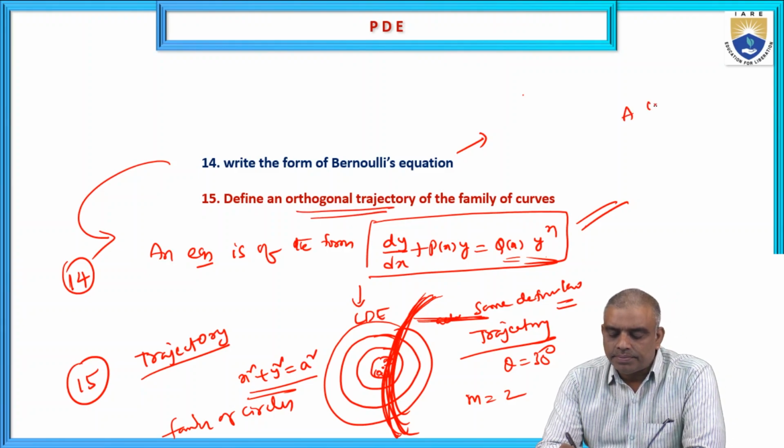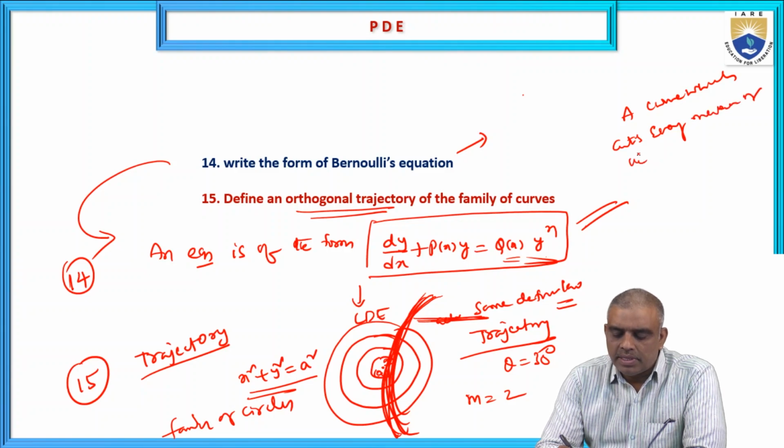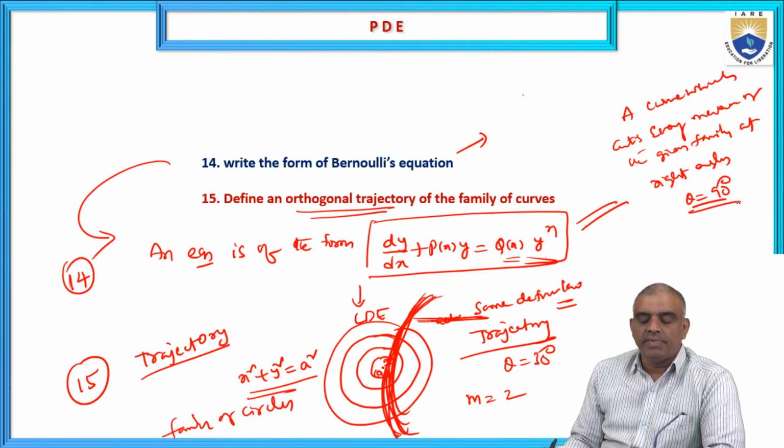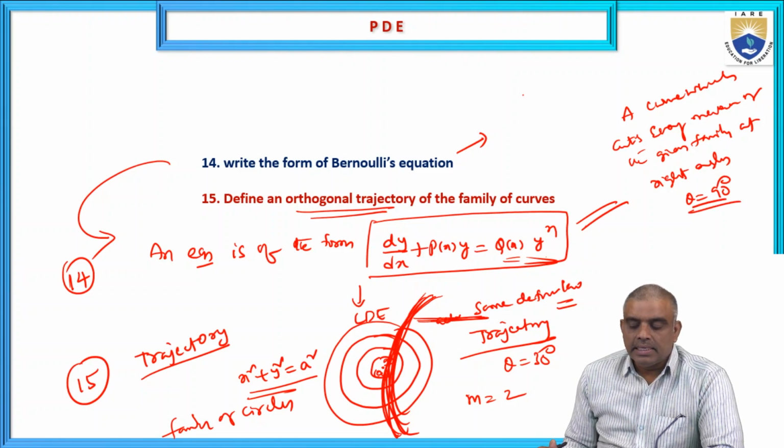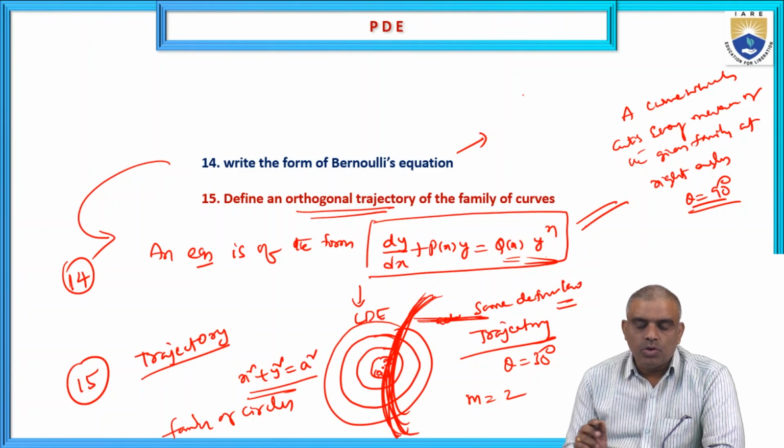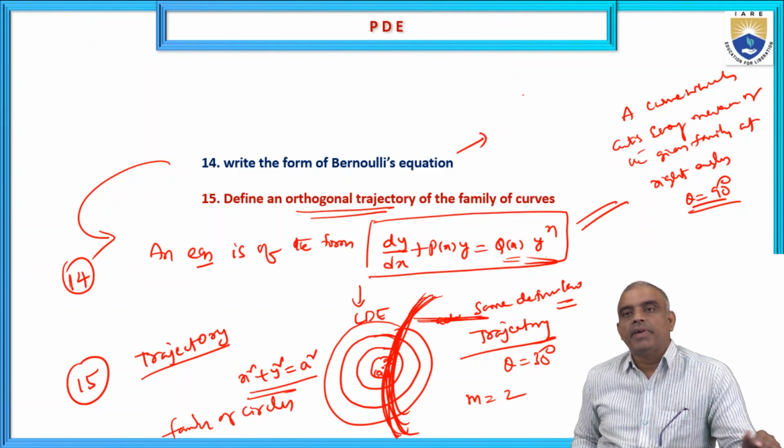Suppose a curve which cuts every member of the given family at right angles. Right angles means what? At theta is equal to 90 degrees. If it cuts every member of the given family at right angles, then it is called the orthogonal trajectory of the given family of curves.